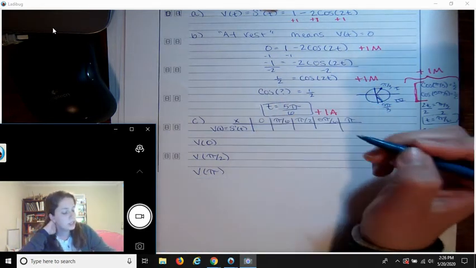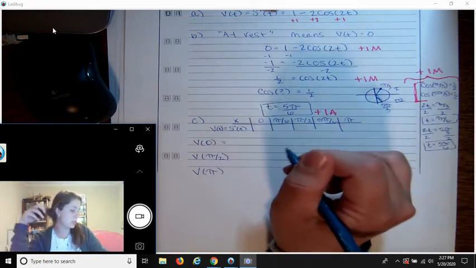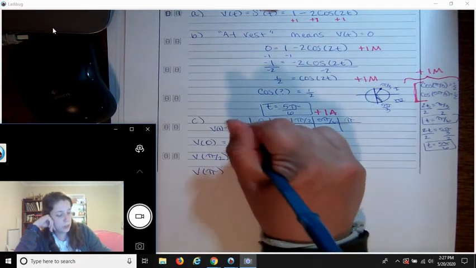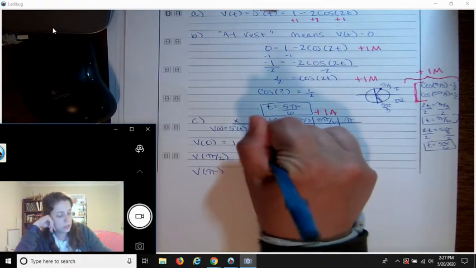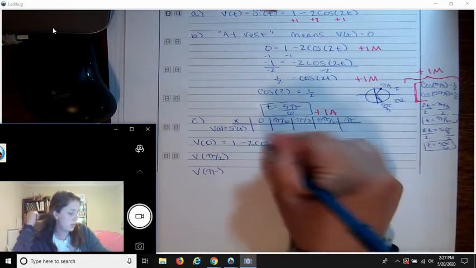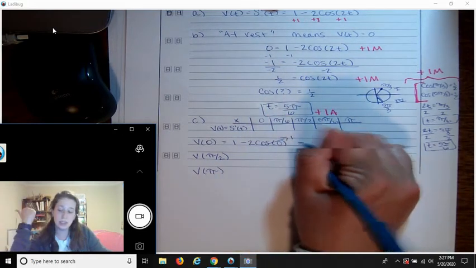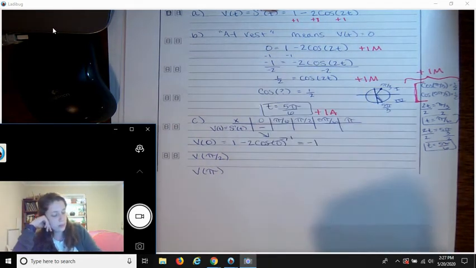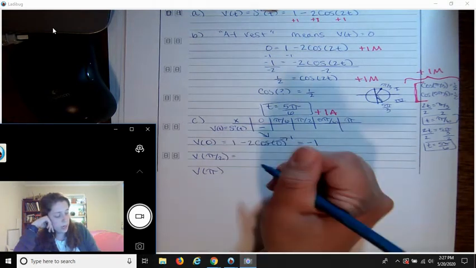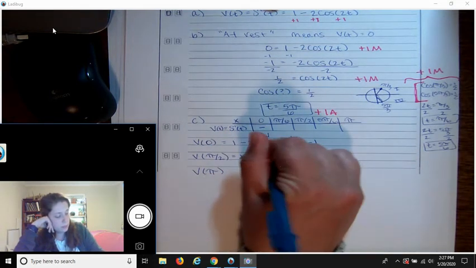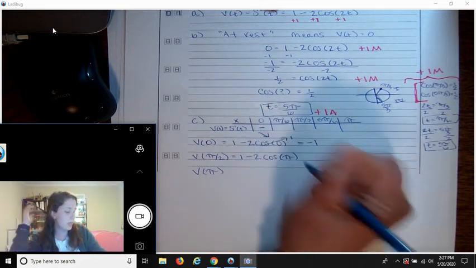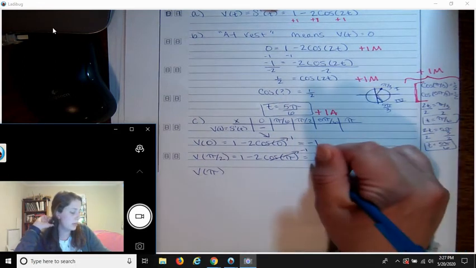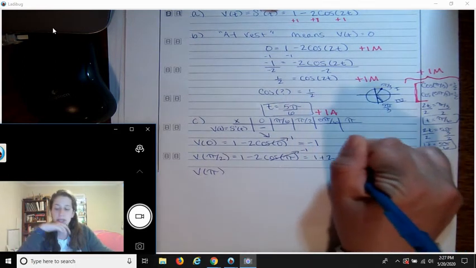If I sub in 0 for my v function, the cosine of 0 is 1, so I have 1 minus 2 cosine of 0. That's 1 minus 2, which is just negative 1. So I have a negative value, so this is going to go down. V of pi over 2 is going to end up being cosine of pi. Cosine of pi is negative 1, so I'm going to have 1 plus 2, which is 3, a positive value.